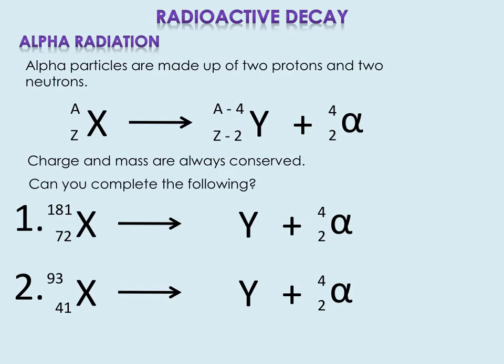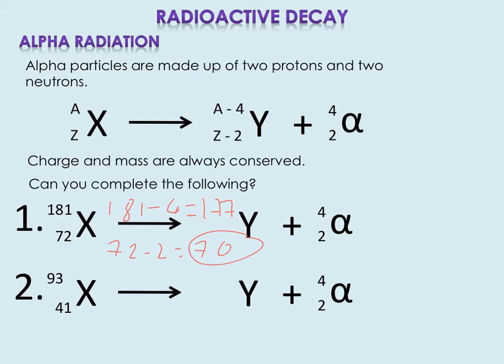To look at atomic number first, we've lost 2, so we do 72 minus 2 to give us our atomic number as 70. In terms of the atomic mass number, we've lost 4 nucleons, so 181 minus 4 will give us 177. So we have 177 as our nucleon number or our atomic mass number.